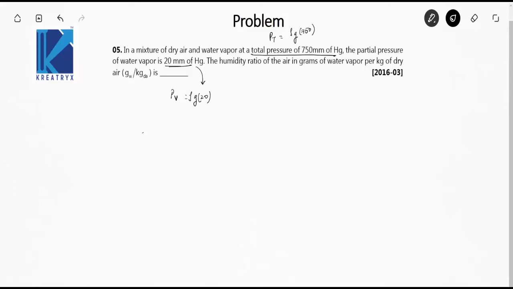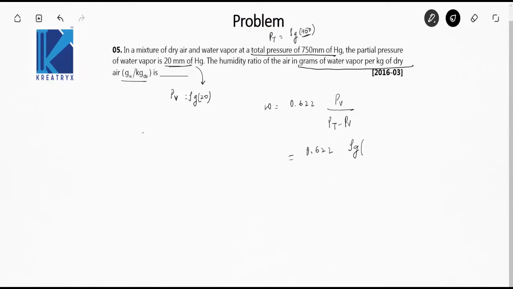Find the humidity ratio of the air, again in grams of water vapor per kilogram of dry air. Again a very simple question. Omega is equal to 0.622 times PV upon PT minus PV. Do not worry about the units, that I have written the height in mm here, because any conversions will get cancelled out.